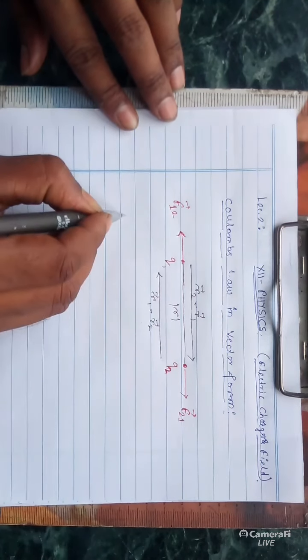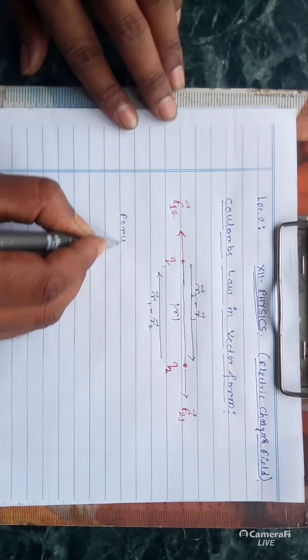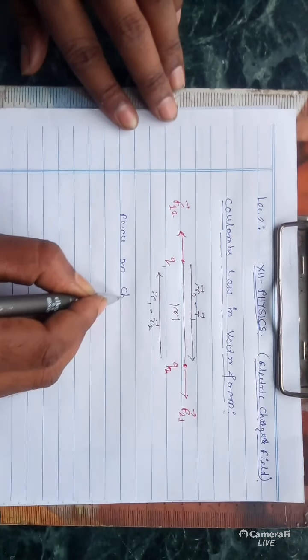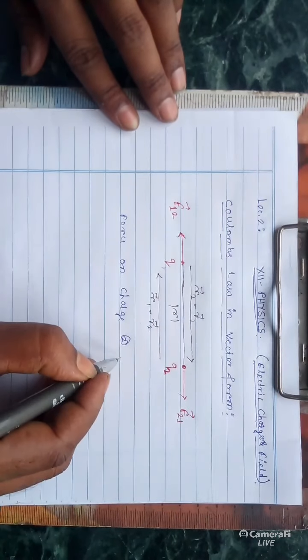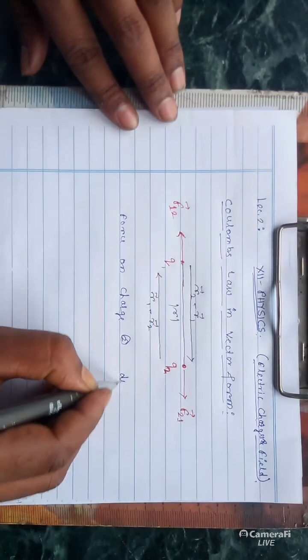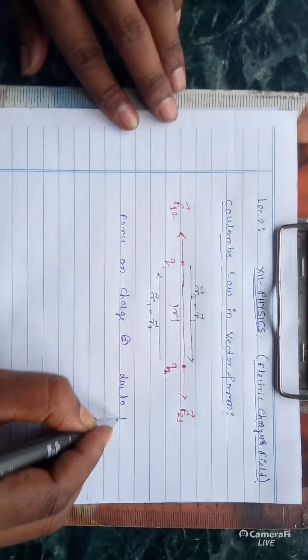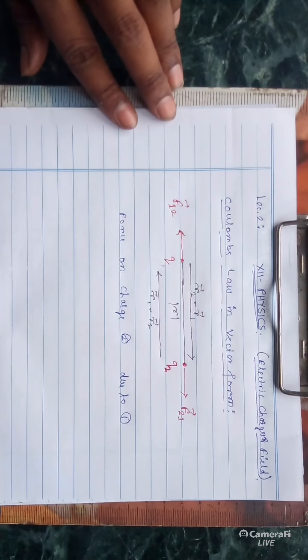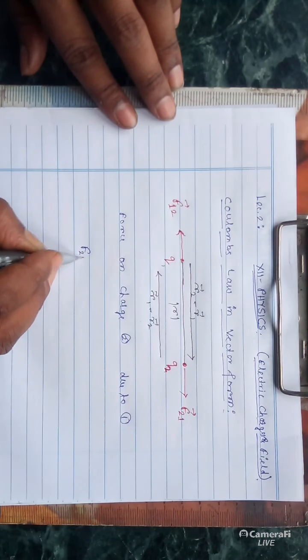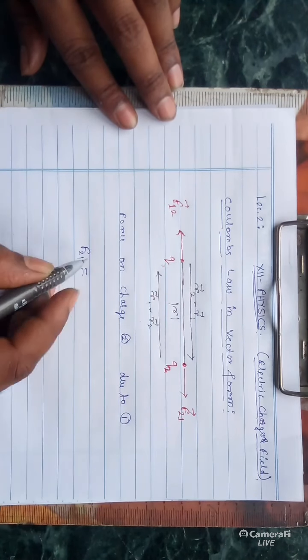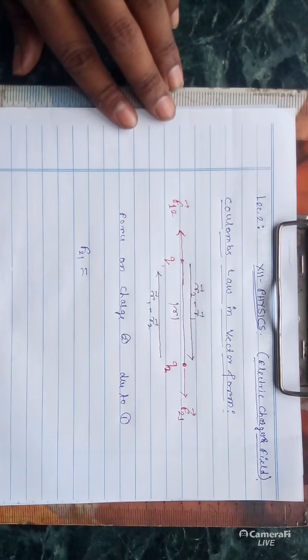So write the force on charge 2, that is q2, due to 1, meaning q1. What will be the force? F21 is equal to the value. I am taking the magnitude first, then we will give the vector sign.